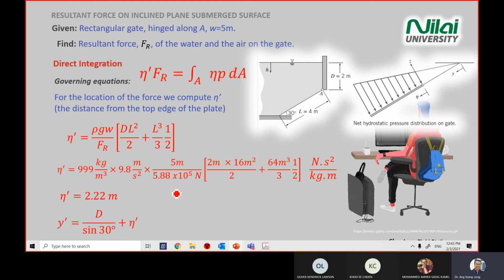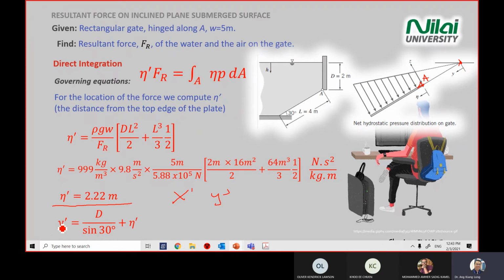So again, we need to find your x prime and y prime. So don't stop at the step of n prime, because n prime only starts from hinge A here. You need to always go back to the origin, where you start from the surface of the water.